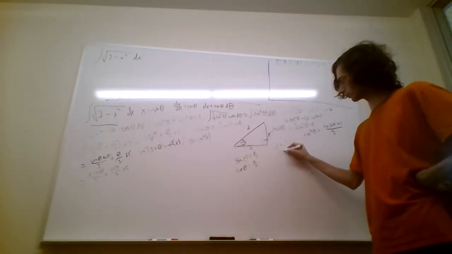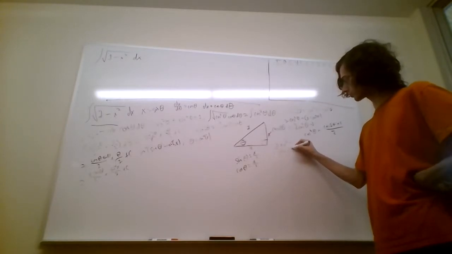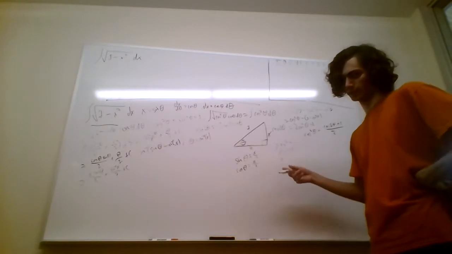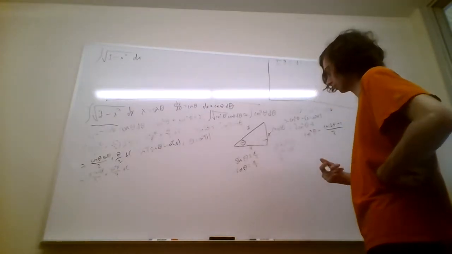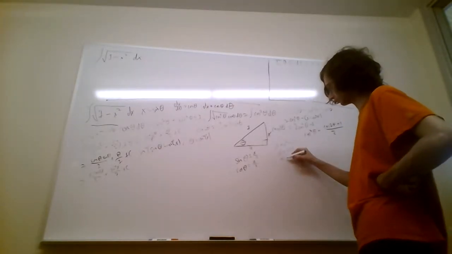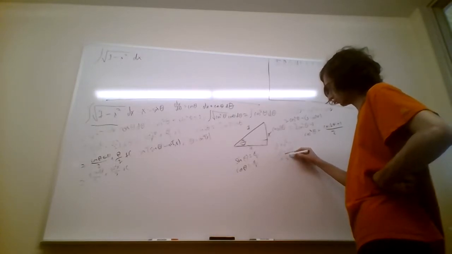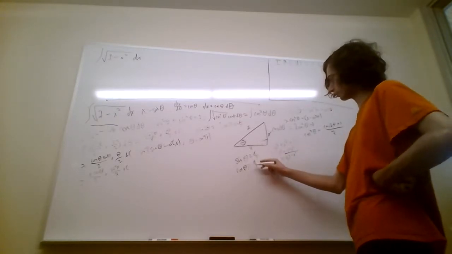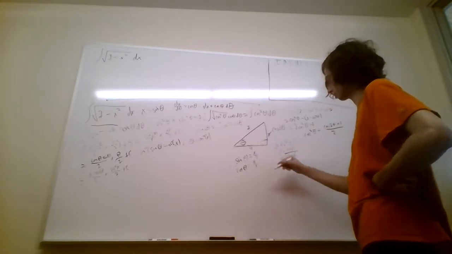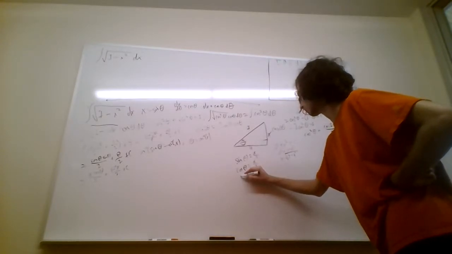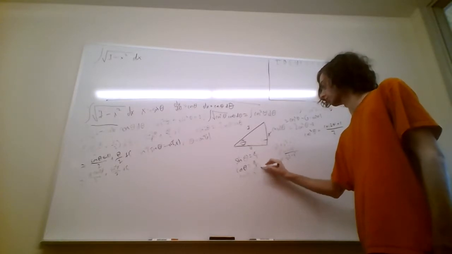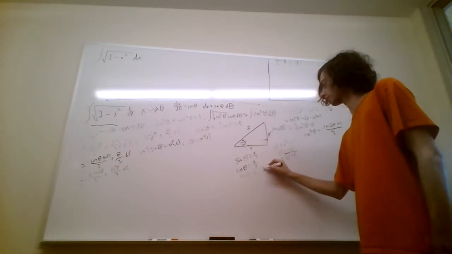So a squared is equal to 1 minus x squared, and a is equal to, I'm not going to care about it being negative right here, just because it's a triangle, the square root of 1 minus x squared. So cosine theta is equal to a, which is the square root of 1 minus x squared.